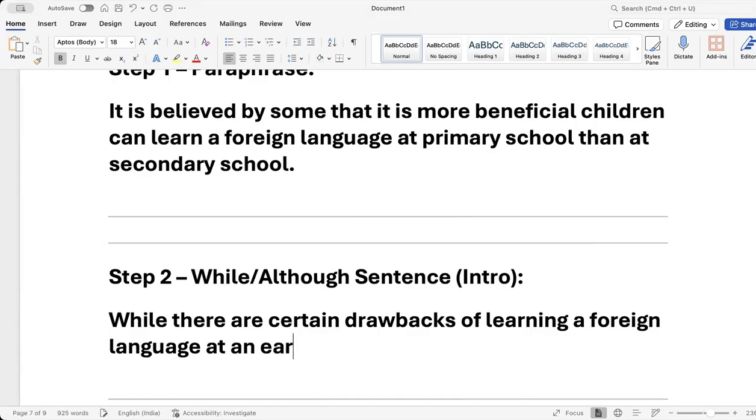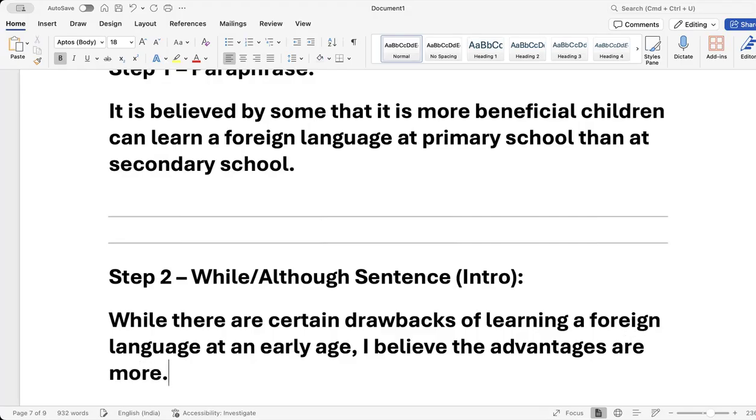That also means primary school, right? Yes, sir, paraphrasing. So what's your main opinion? Complete it. I believe the advantages are far more.